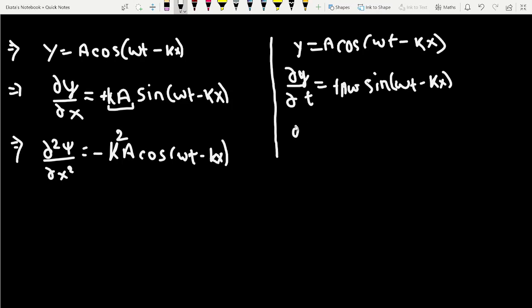Now again doing the double differentiation, which is d2y by dt2 is equal to: if we do the differentiation again, it will become minus, and here a omega square cos, and again it is omega t minus kx.